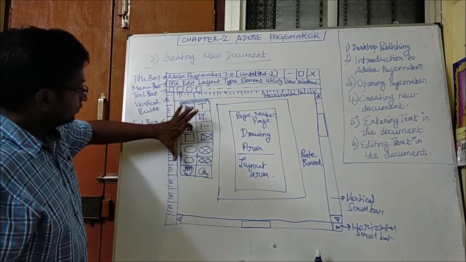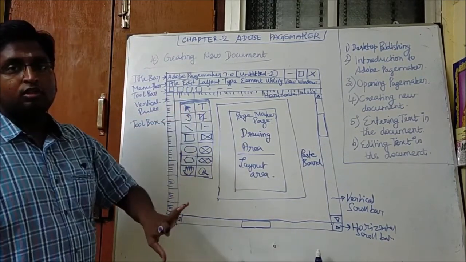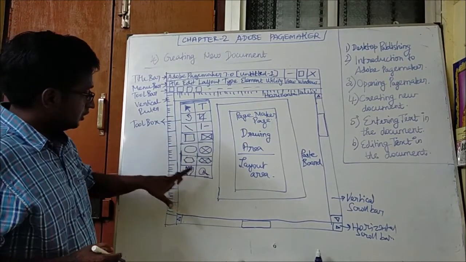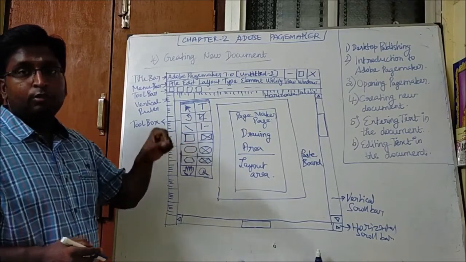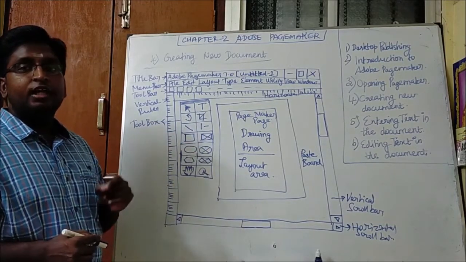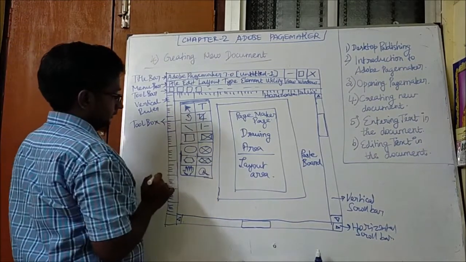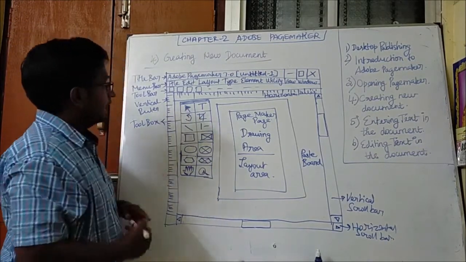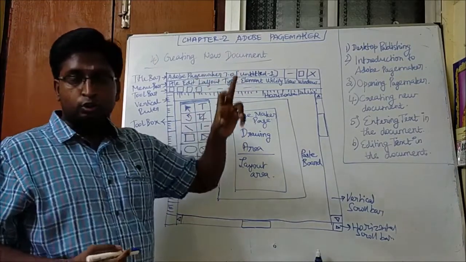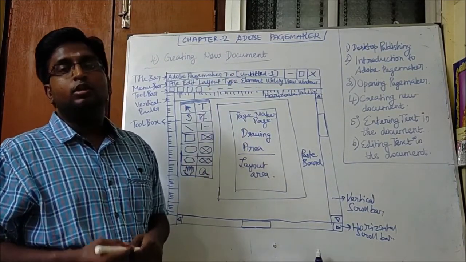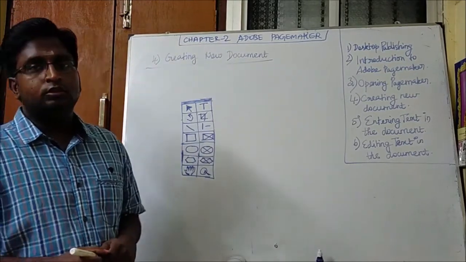So this box is an important 5-mark question. Explaining all these tools in a tabular column, you can easily get 5 marks. So I will redraw this toolbox separately in the next image, and will explain what all the tools available are.